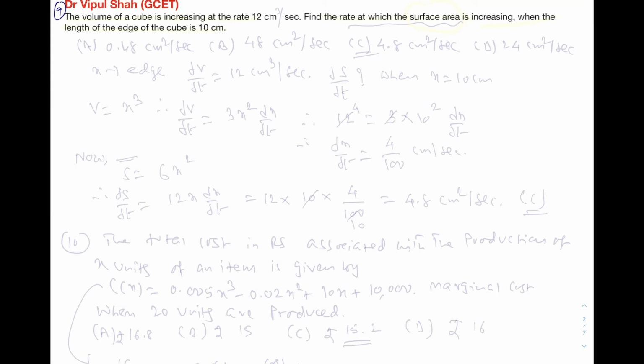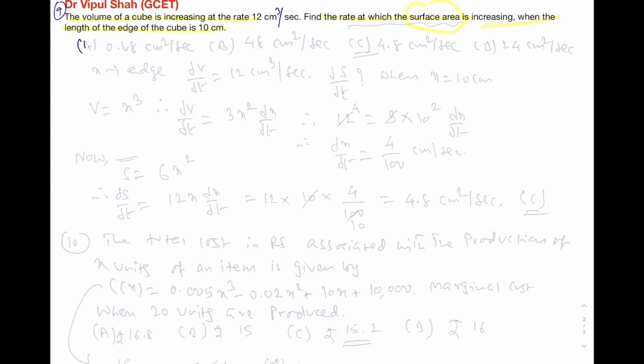The volume of a cube is increasing at the rate of 12 centimeter cube per second. Find the rate at which the surface area is increasing when the length of the edge of the cube is 10 centimeters. So it's not difficult.